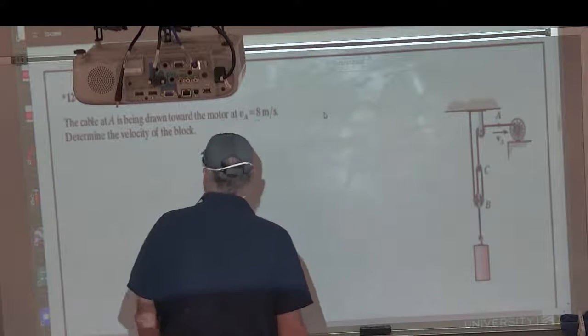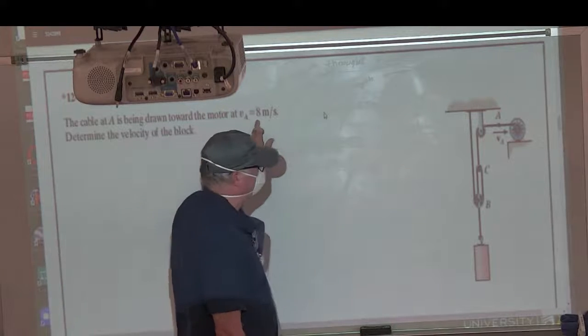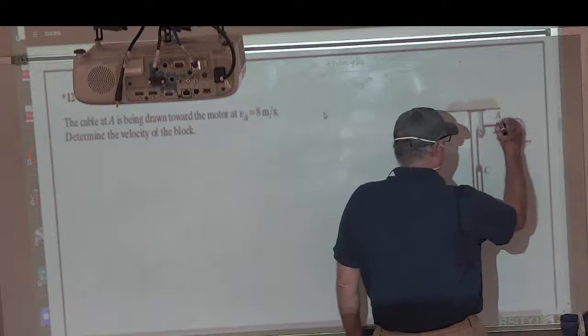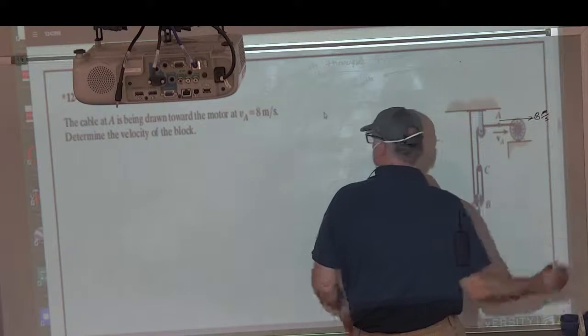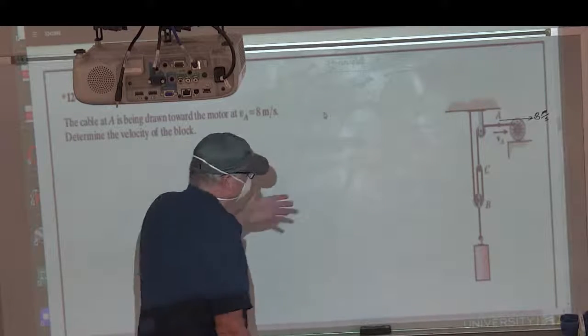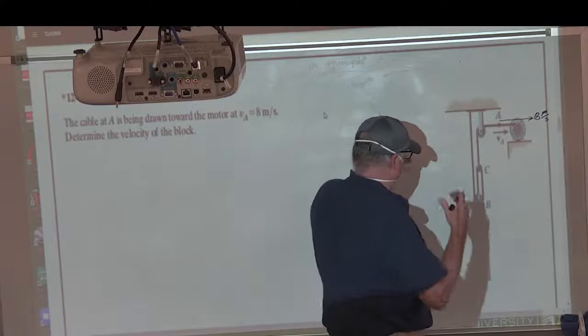Okay. Cable A is being drawn towards the motor, being drawn that way at 8 meters per second. Determine the velocity of the block, being this thing. Again, datums.